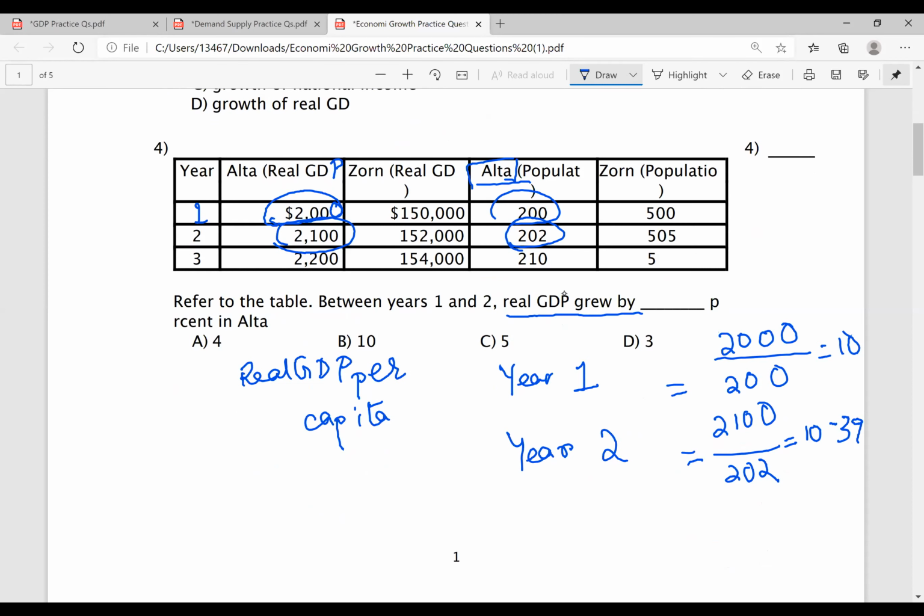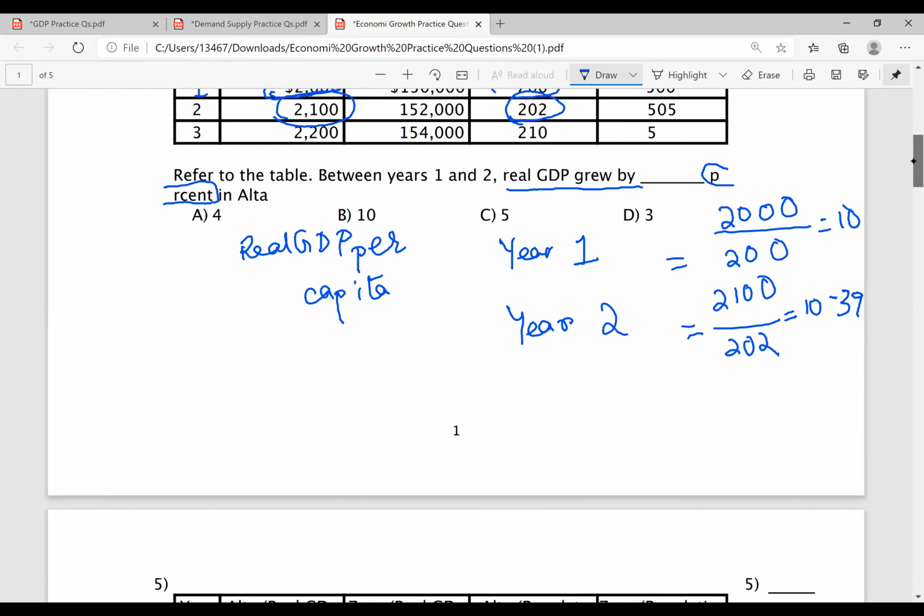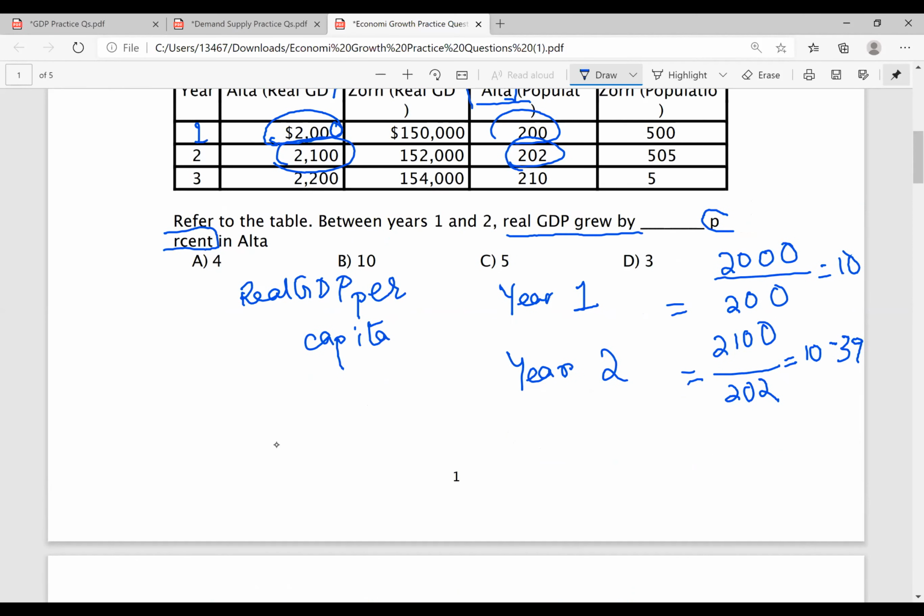Now we are asked to find, we have the word percentage here. So basically we are asked to find the growth rate of real GDP per capita. The way we do this is the new value, I'm just going to write down the formula in a bit.